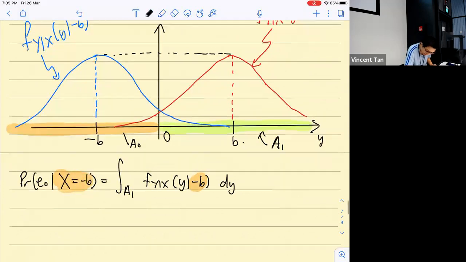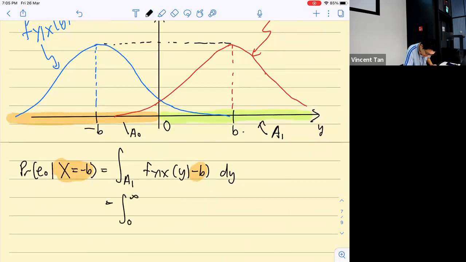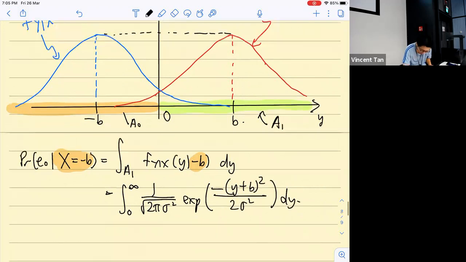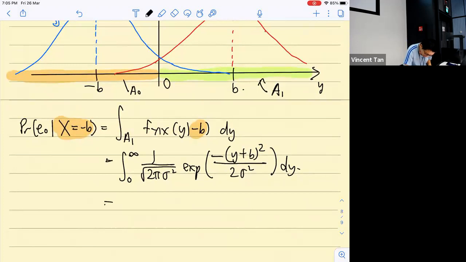And this thing can be simplified here. This is going from 0 to infinity of this Gaussian that is centered at what? It's centered at minus b. So this Gaussian is centered here. We need to write this as exp of minus the squared quantity over 2 sigma squared, dy. In this case, you can use some change of variables and so on.